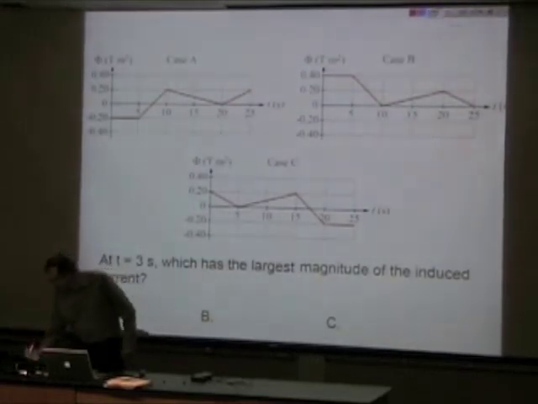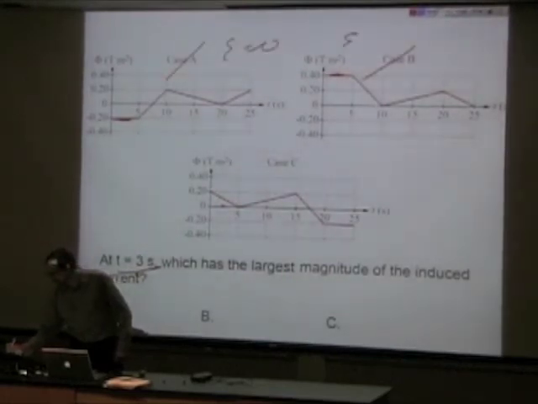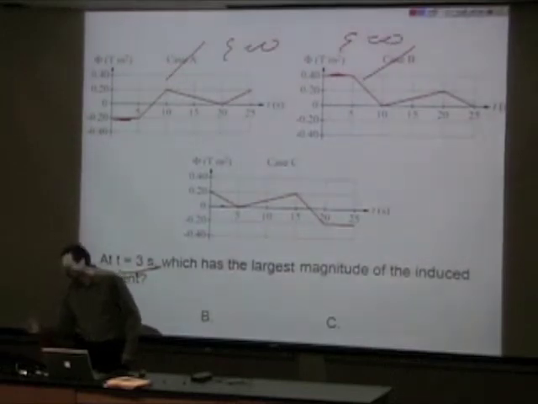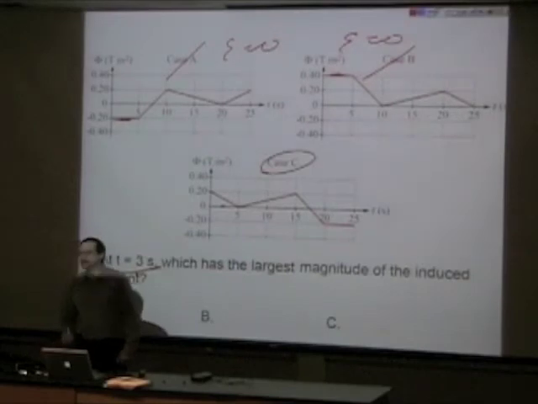You just look at the slope at that particular instant. Well, 3 seconds, it's here between 0 and 5. There is no change, no slope, no EMF, no current for case A and for case B. So EMF is 0, so is the current, and only case C represents a case with a current at t equals 3.